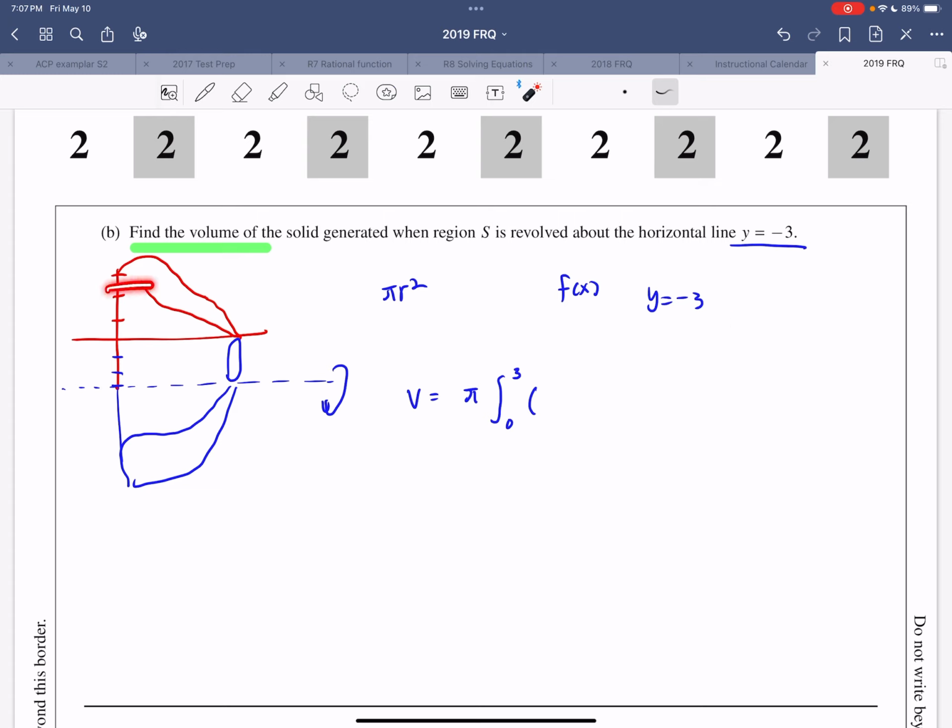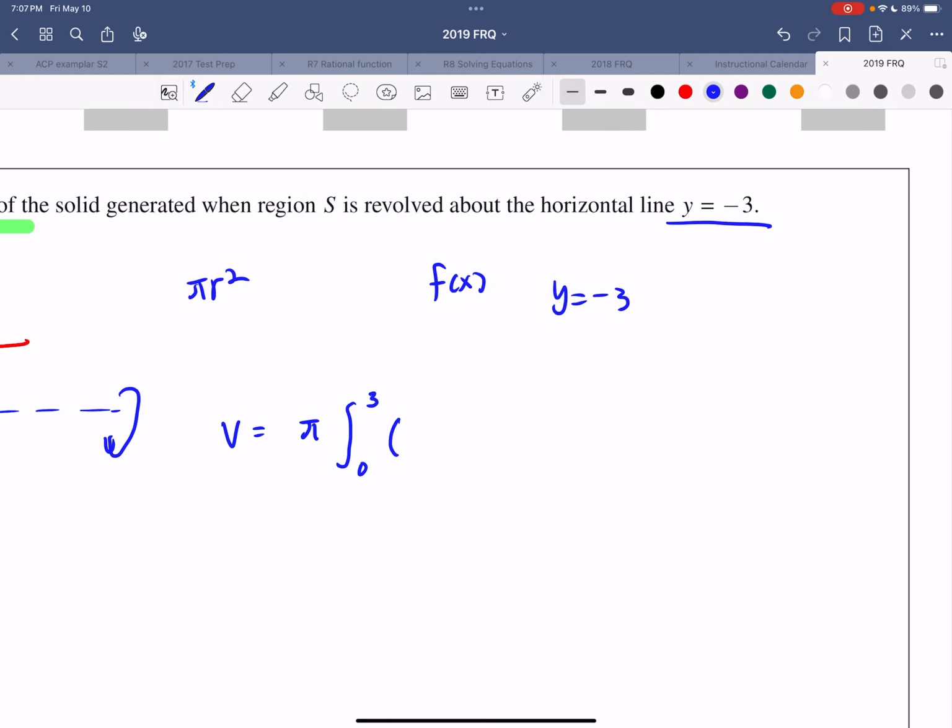But we have another one. We have g of x. So we have to do it twice, one for f and one for g. So for the first one, I'm gonna put f of x minus negative 3, so it's gonna become plus 3, squared. And then minus, it's minus because it's always g of x minus negative 3, squared.